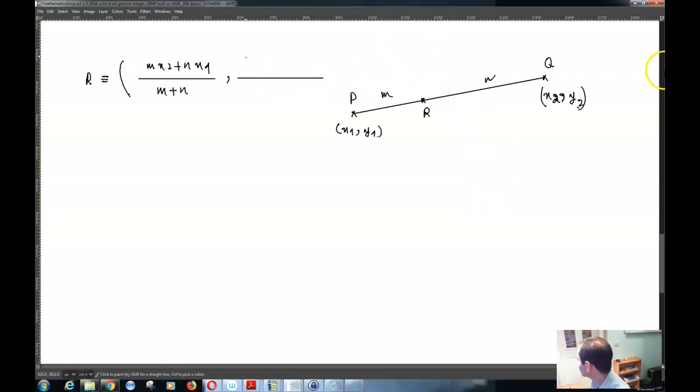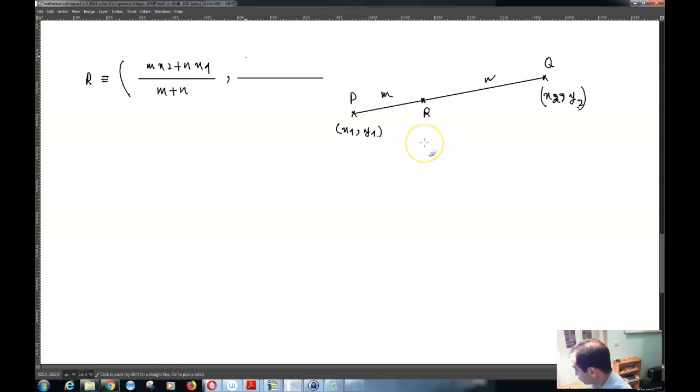Let me move this thing to the other side. Okay, so let's say that you have this line segment over here. For example, let's say that this is A and B. So this is a line segment AB.